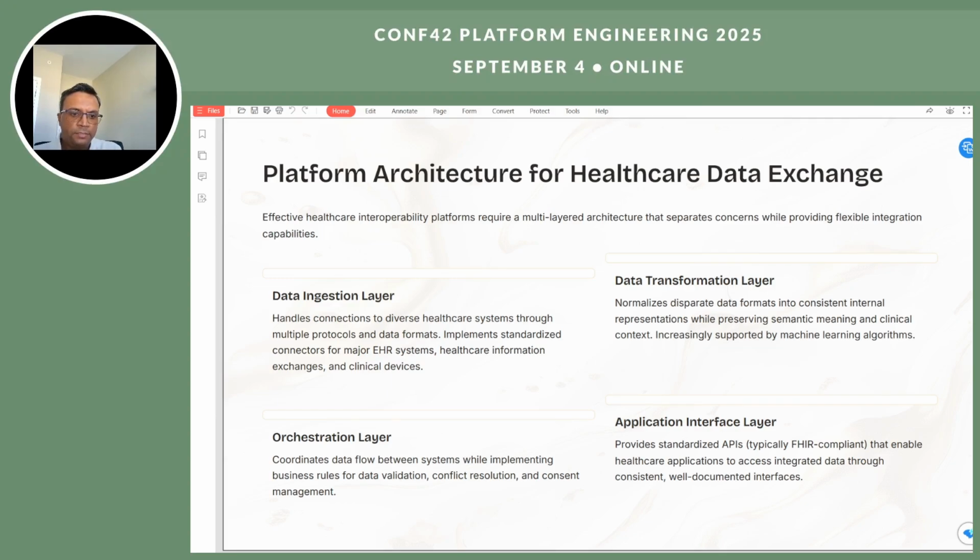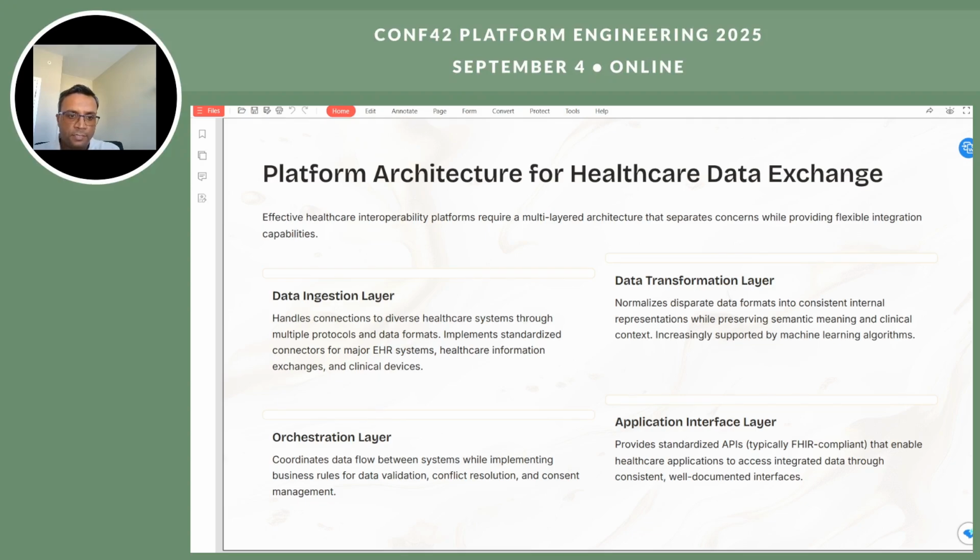Data transformation helps to normalize formats, and with the increasing AI capability, the mappings can be achieved in a short period of time. The orchestration layer handles validation of business rules, consent if there is any, and any conflict resolution. Last but not least, the application interface layer provides access to this information using FHIR compliant APIs that applications can rely on.